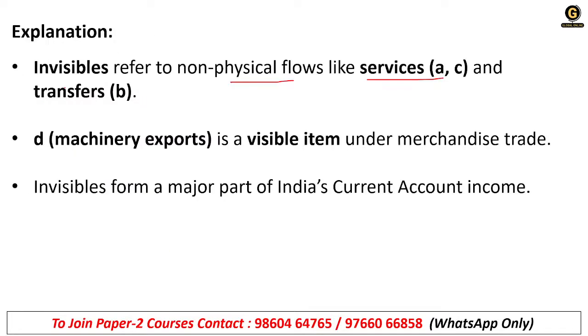Machinery exports is a visible item, not an invisible item, correct? Under invisibles, they form a major part of India's current account income. Invisible items mean services, not physical goods, not physical export and import things. These services are invisible, and they need to be considered in the calculation of BOP.